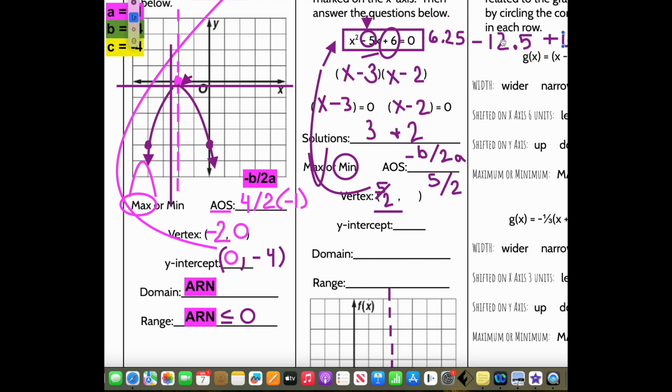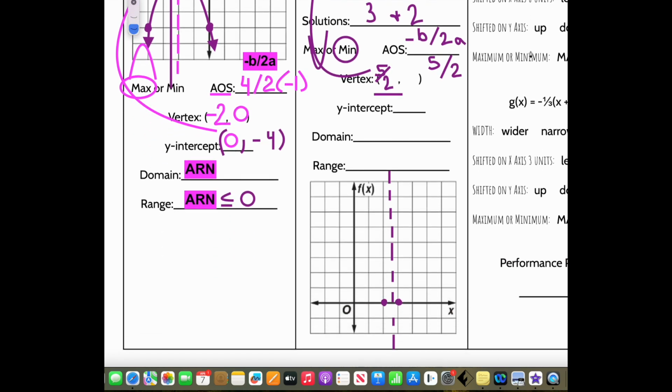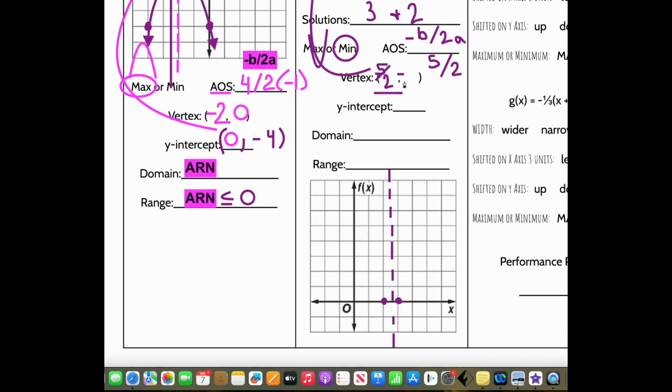So in the end, we have 6.25 plus 6, which is 12.25, and 12.25 minus 12.5 is negative 0.25. So negative 0.25 is my y-coordinate of the vertex. So if I plot that point, it's just going to be right here below the x-axis.